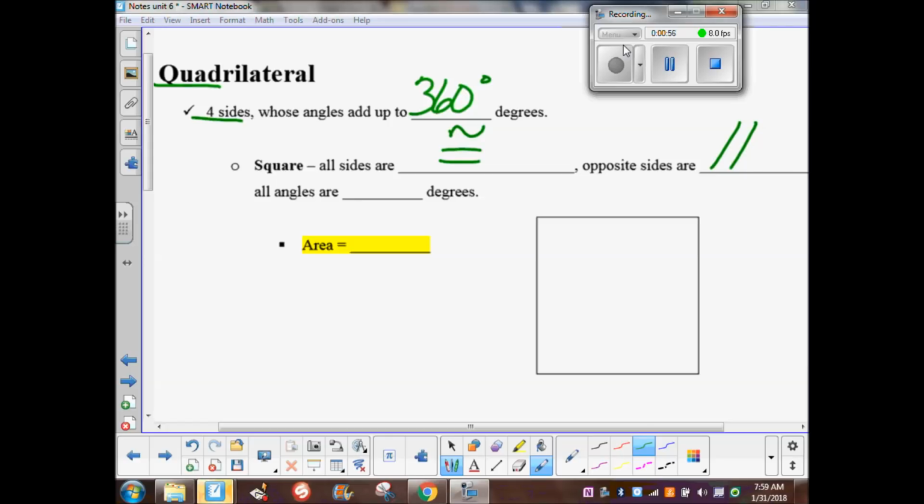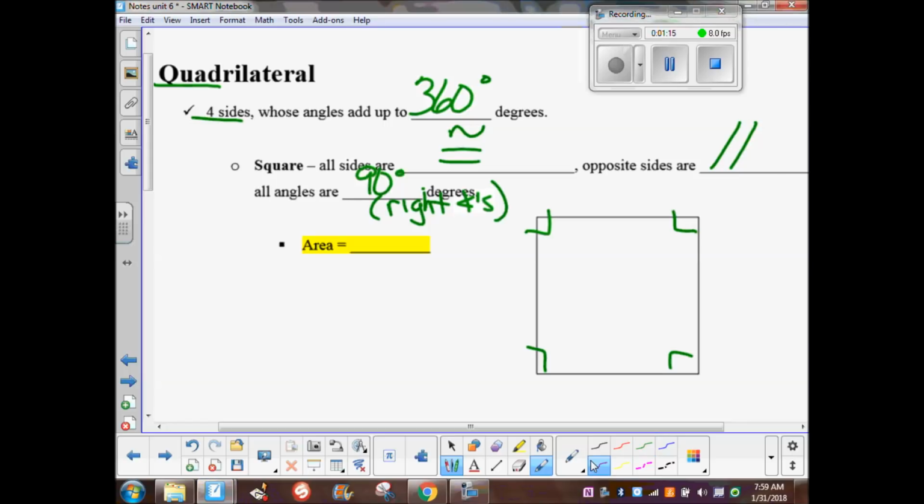All angles are what in a square? 90 degrees. Okay, they're right angles. So we've got those little right angle boxes all the way around our shape, and we know that all 4 sides are equal to each other.